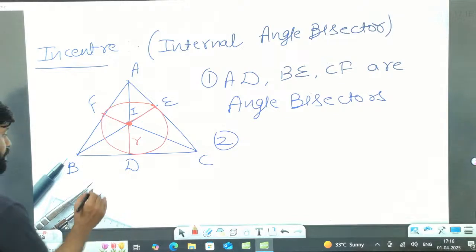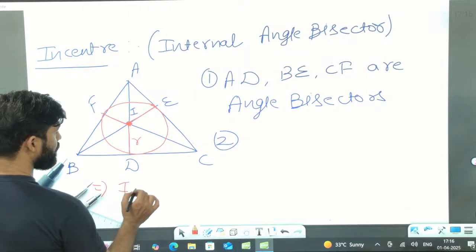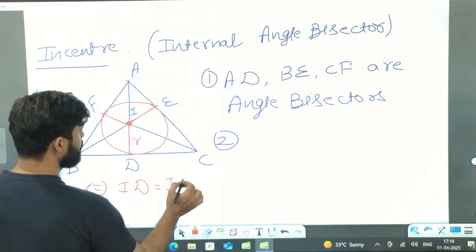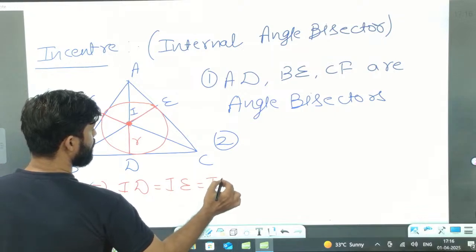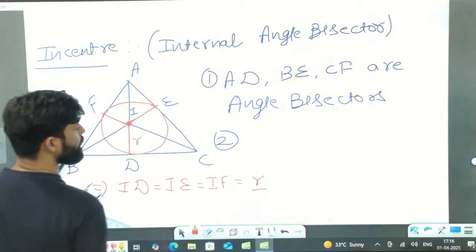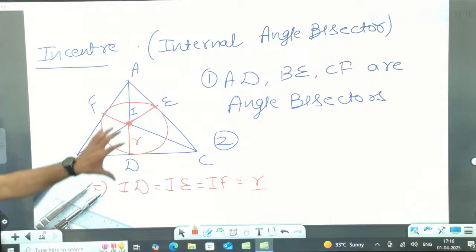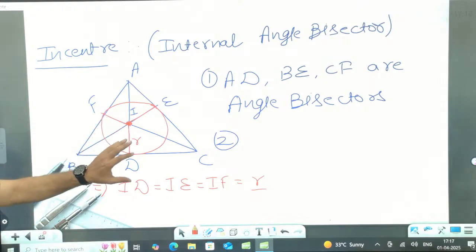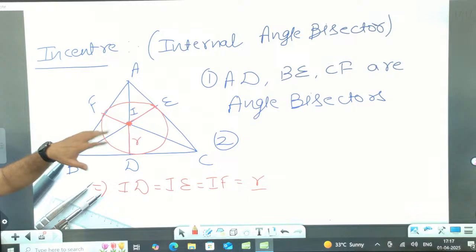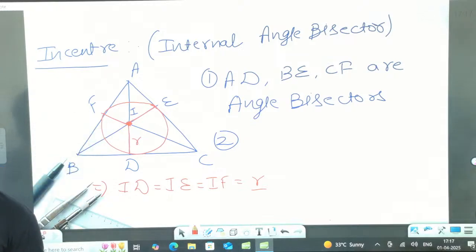So I can say ID equals IE equals IF, the inradius. The length of ID, IE, IF is equal to the radius of the incircle. This circle is inside the triangle, that's why we are saying it incircle. When the circle is outside the triangle, it will be the circumcircle.